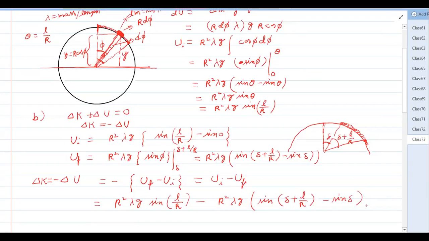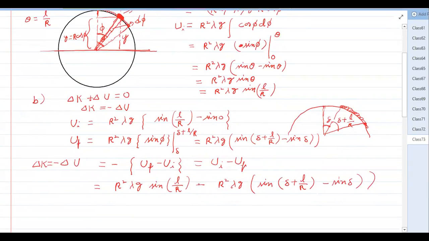So in this way we can do it. We can solve it one more step and write it like this: sine L by R minus sine of delta plus L by R plus sine delta. This is the change of kinetic energy as well.